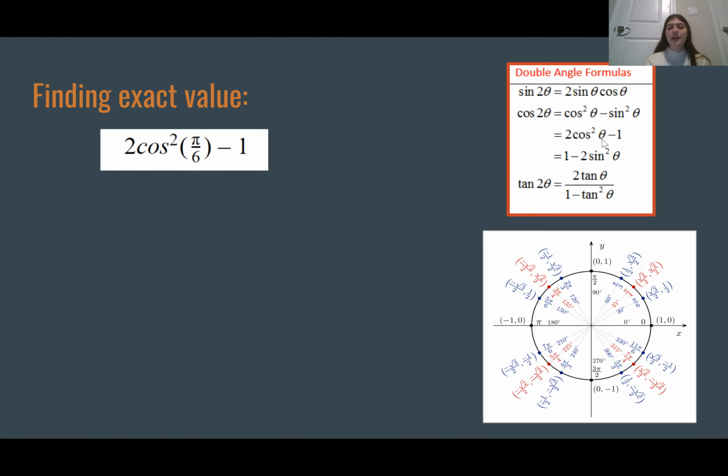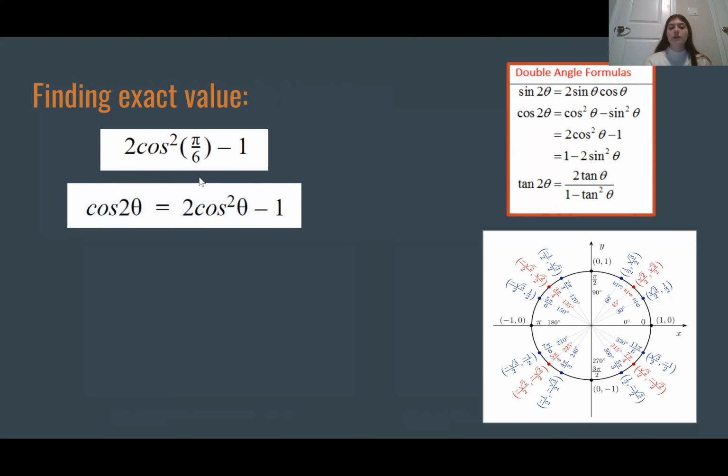Notice theta is in the parentheses here. It's pi over 6 radians. That's our theta. And 2 cosine squared theta minus 1 is going to be equal to cosine of 2 theta. Again, theta is given to us: pi over 6 radians.